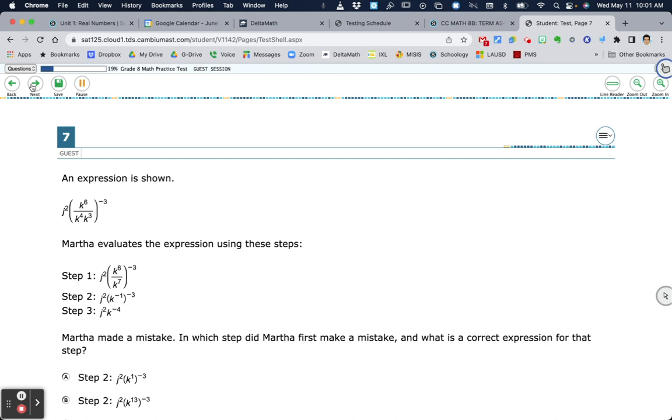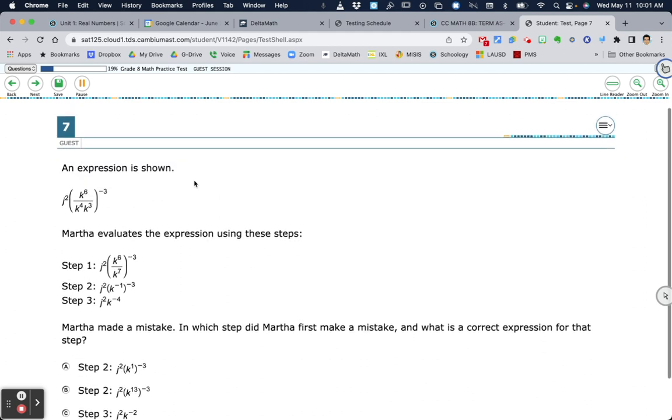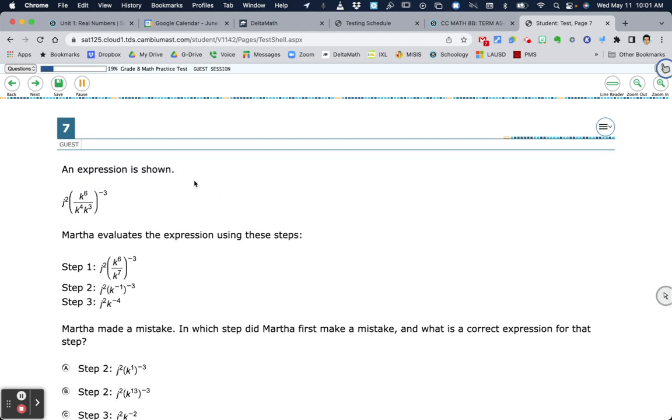Ooh. Okay. So this is going to use all of our skills with exponents. It says an expression is shown. So this is our expression. Martha evaluates the expression by using the steps. Step 1, step 2, step 3. Okay. So she evaluates to step 3.